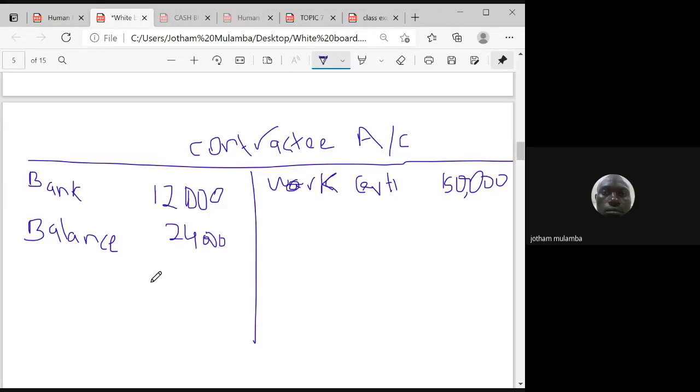Then we close off the account at 150,000, and we also record the closing balance.